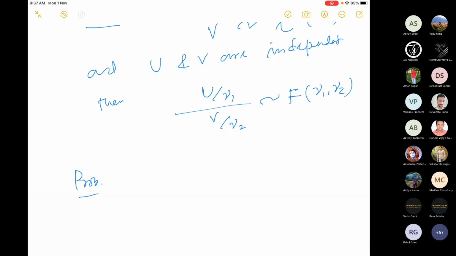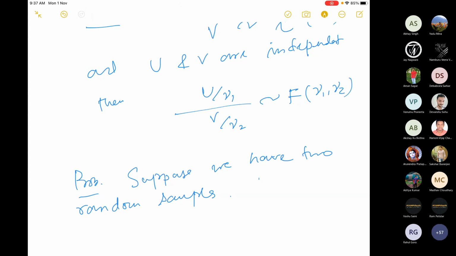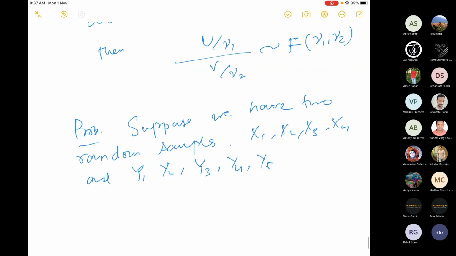Now suppose we have two random samples. Instead of one random sample, I have two random samples. One is, let's say, x1, x2, x3, x4. And another one, let's say, y1, y2, y3, y4, y5. And the population distribution is normal, let's say, standard normal.